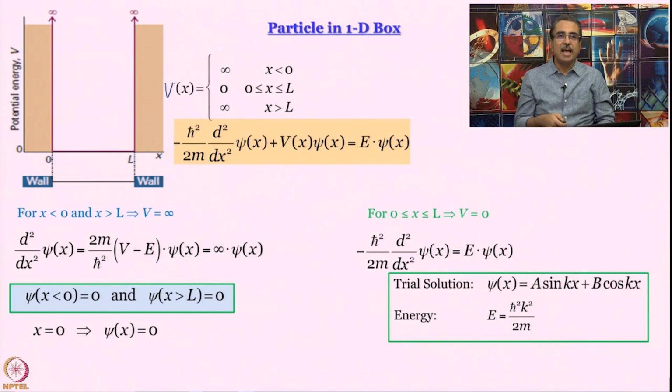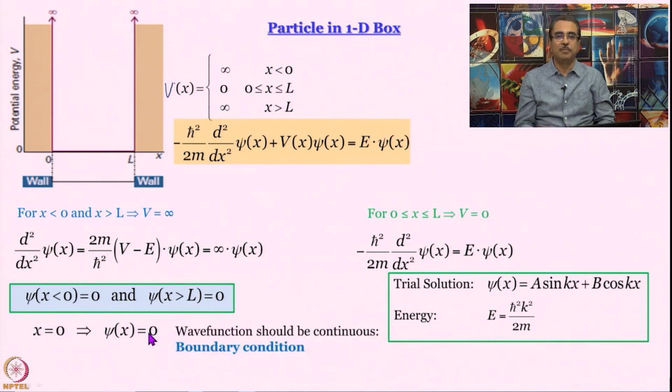Since at any point very close to x equal to 0 but less than 0 the wave function has to be 0, it is implied that at x equal to 0 also psi of x must be equal to 0. Why? Because the wave function should be continuous. This is what is called a boundary condition. A boundary condition is a condition that puts a restriction on the wave function.